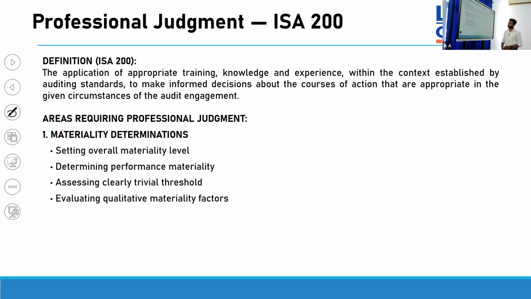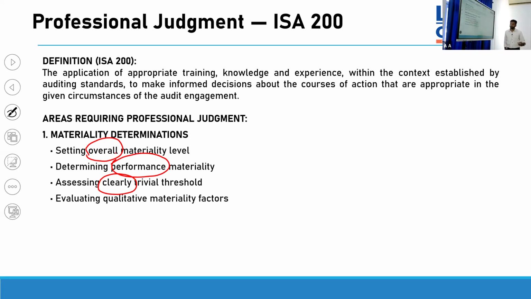So, areas requiring professional judgment: one is materiality determination. In order to determine materiality levels, we must use our professional judgment, right? So overall, there are three things we need to determine. One is the overall materiality level for the financial statements as a whole.